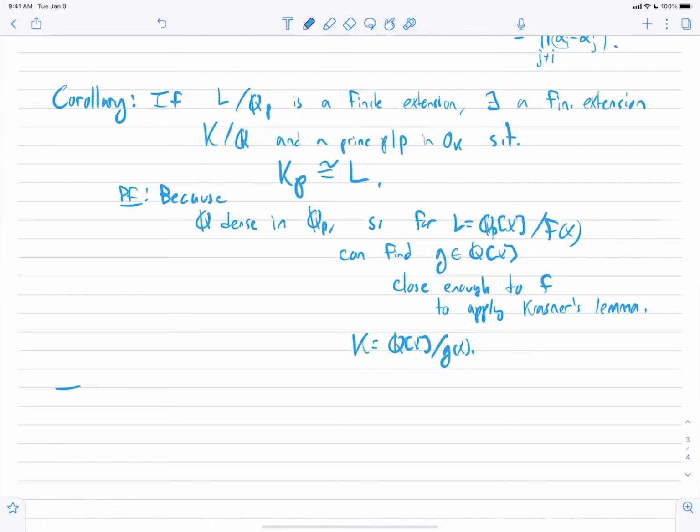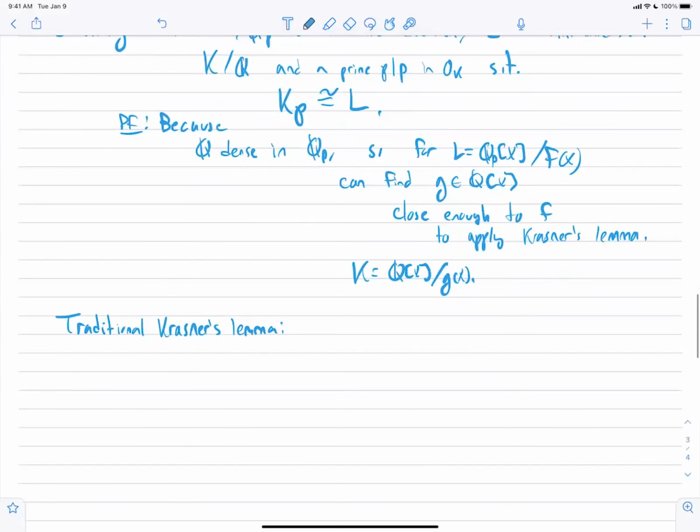Let me say the traditional version of Krasner's lemma, from which you can deduce the version I said above, though I prefer to deduce that version using Hensel's lemma, the Newton approximation. They're pretty closely related anyway.